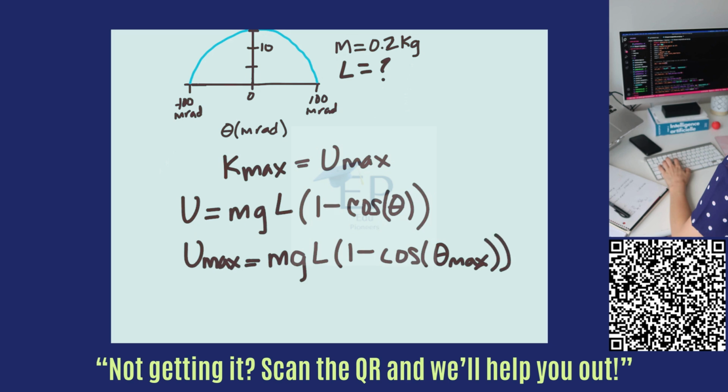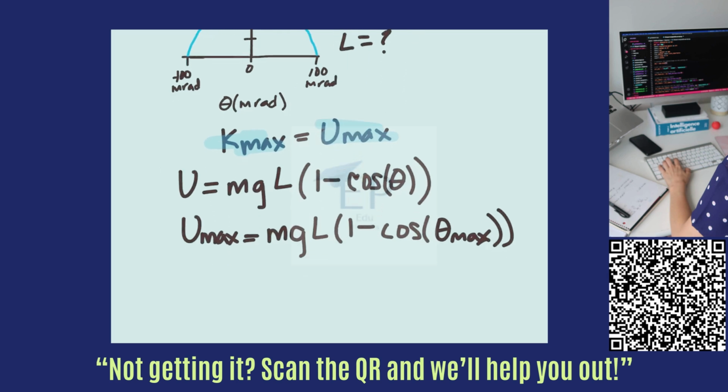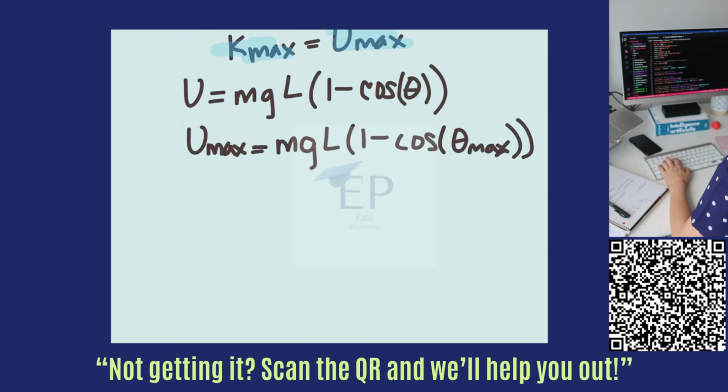And since we have up here that K max equals U max, we can make that our potential max equals mass times gravity times the length of the bob times 1 minus cosine of our theta max as well.